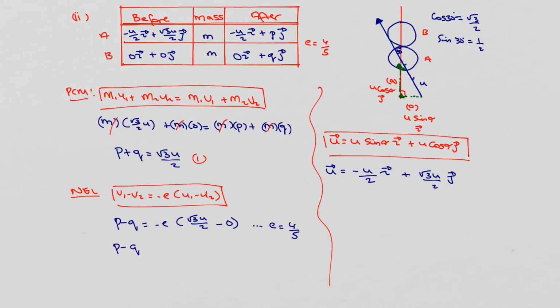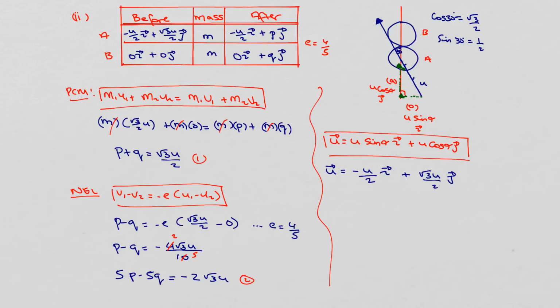So that becomes p minus q is equal to minus 4 root 3 u over, sorry, 2 times 5, which is 10. Sorry. So if I simplify that down, 4 over 10 becomes 2 over 5. So if I multiply across by 5, 5p minus 5q equals minus 2 root 3u. So I have my second equation.